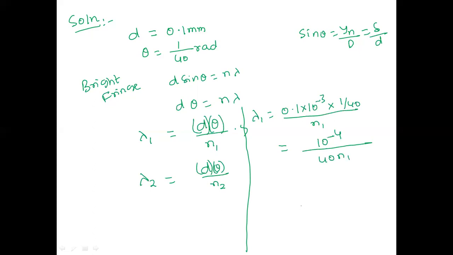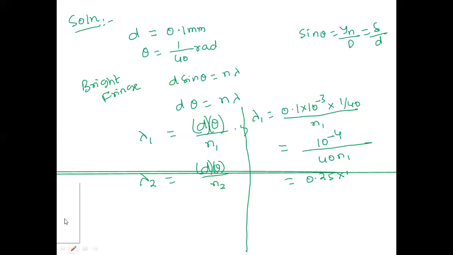So 1 by 4 means I can write 0.25 into 10 power minus 5, divided by n1.